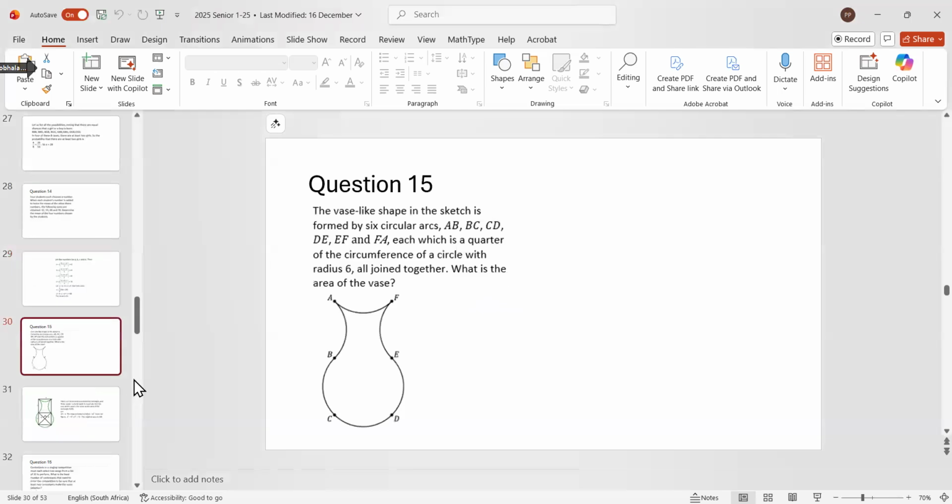We go on to question 15. The vase-like shape in the sketch is formed by 6 circular arcs. So you can see the 6 arcs, they're all arcs of circles.